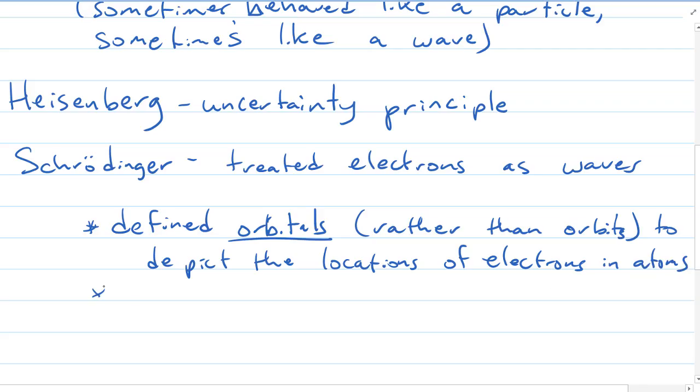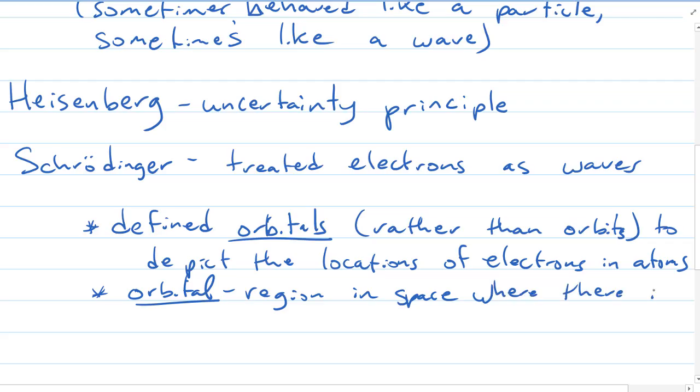And we define an orbital like this: an orbital is a region in space where there's a high probability of finding an electron.